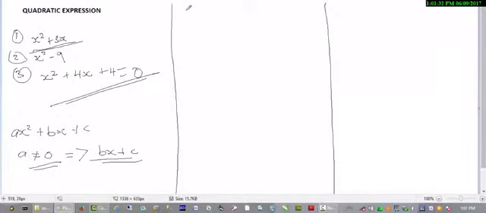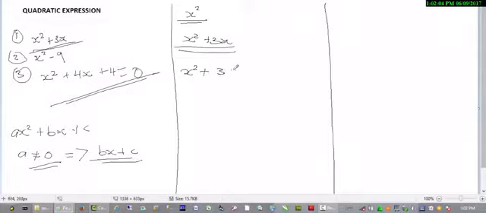Now, apart from that, b could be 0 or c could be 0. So even if I write x squared, this is a quadratic expression, meaning that my b and c are zeros. Or I can have x squared plus 3x. In this case, my c is 0. I may have it in this form, x squared plus 3.